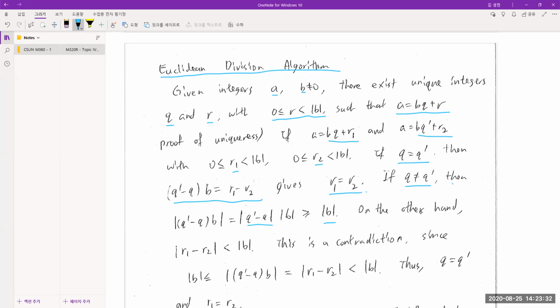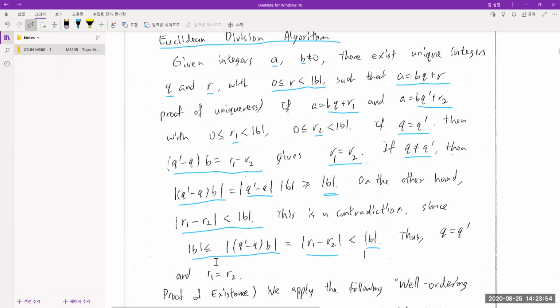But that's a contradiction, since this quantity is at least the absolute value of b, and it is supposed to equal the absolute value of r1 minus r2 by this identity, which is less than the absolute value of b. So we ended up with a contradiction: the absolute value of b is less than the absolute value of b.